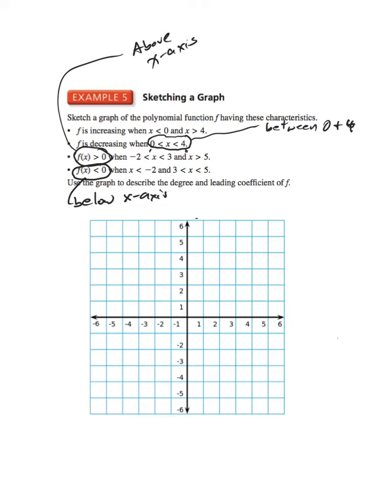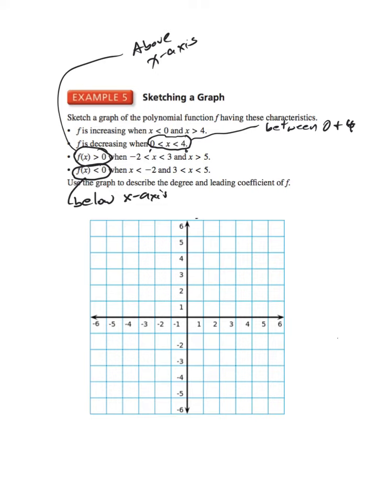So f is increasing for, if you look at the first line here, f is increasing when x is less than 0. So that's saying x less than 0 is over here, right?